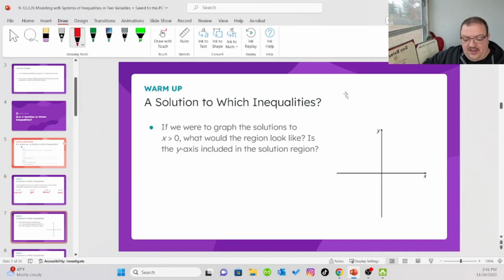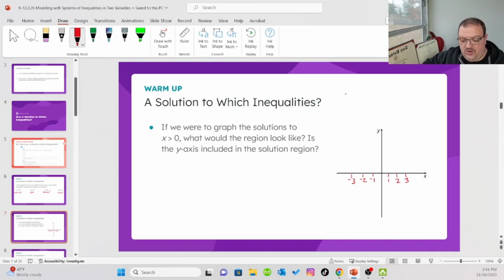If we were to graph the solutions to x is greater than 0, what would the region look like? Is the y-axis included in the solution region? So when we have a coordinate plane like this, our positive numbers go to the right, such as 1, 2, and 3, and our negative numbers go to the left, such as -1, -2, -3.